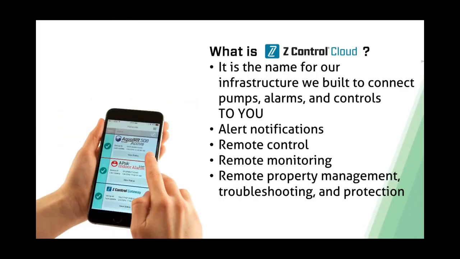So what is the Z-Control Cloud? Well, it simply is the name that we've given to our infrastructure. It's that whole infrastructure that enables the pumps and alarms and controls that we make to connect to the cloud and then be able to talk to you.